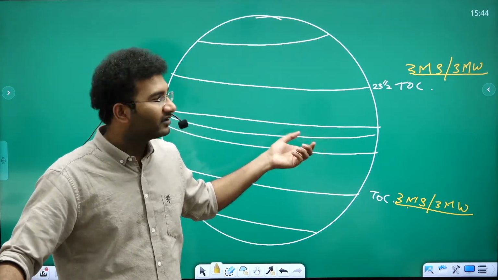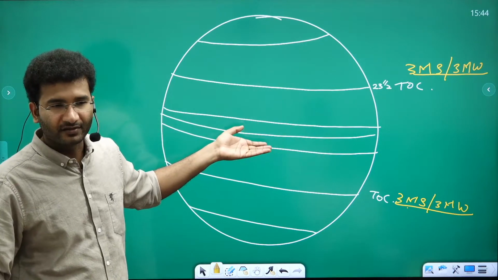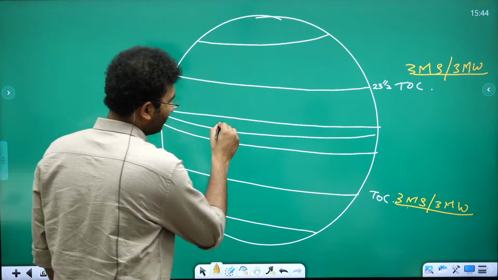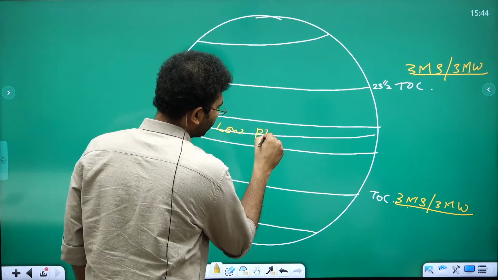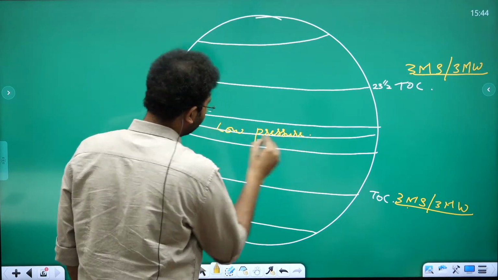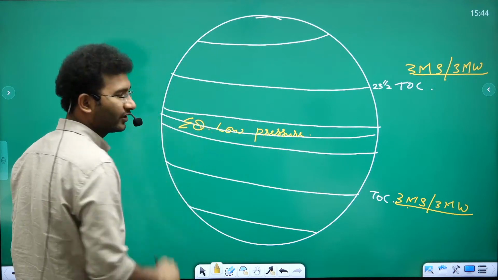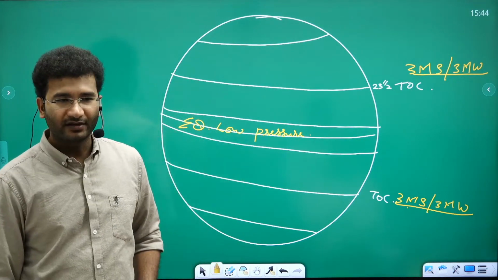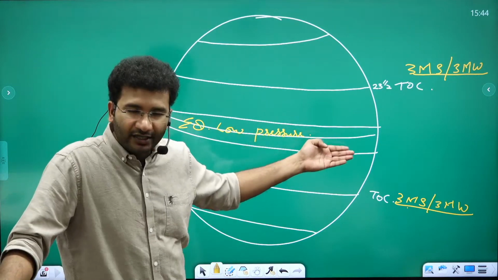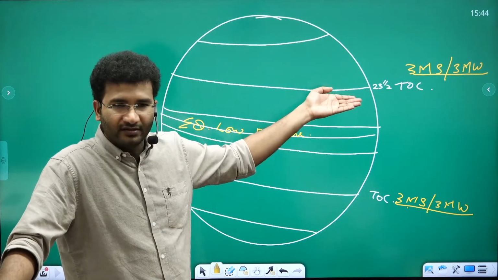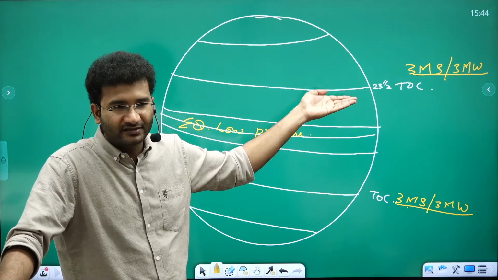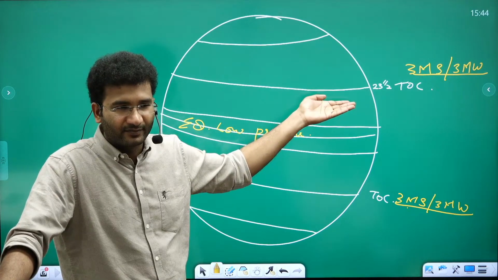Now, because of that, if you look at the pressure system here, what kind of pressure should it have? It has low pressure. And this is called the equatorial low pressure, right? Equatorial low pressure system. But compared to the equator, if you compare it to the subtropics or tropics, there the temperature is low or high?